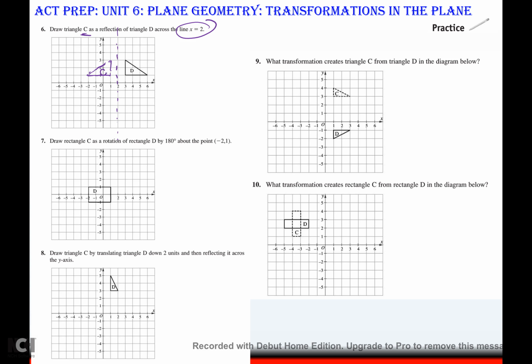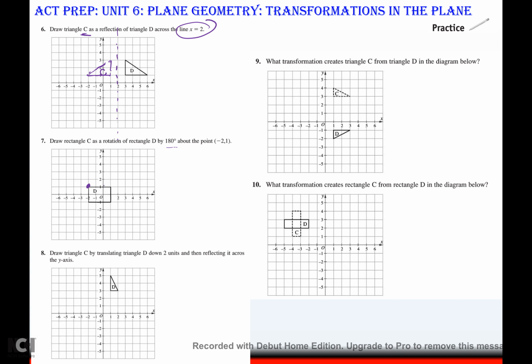Okay, 7, draw rectangle C as a rotation of rectangle D by 180 degrees about the point (-2, 1). So (-2, 1) would be here. Well, when the point that you're rotating around is one of the corners, that makes it pretty easy. So if we're going 180 degrees, let's see if I get this right.